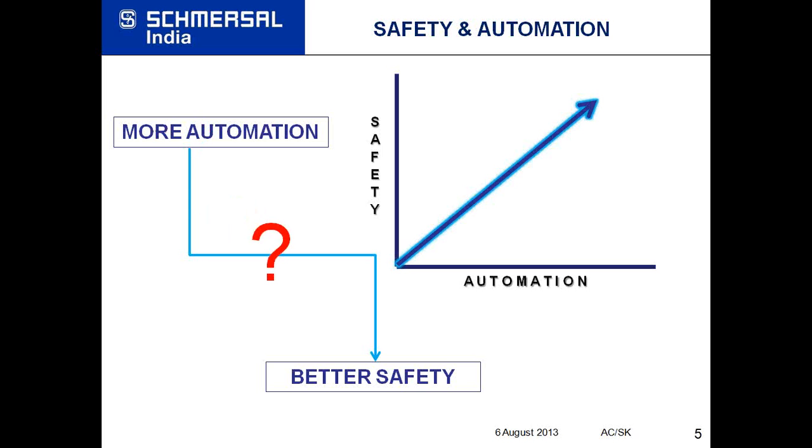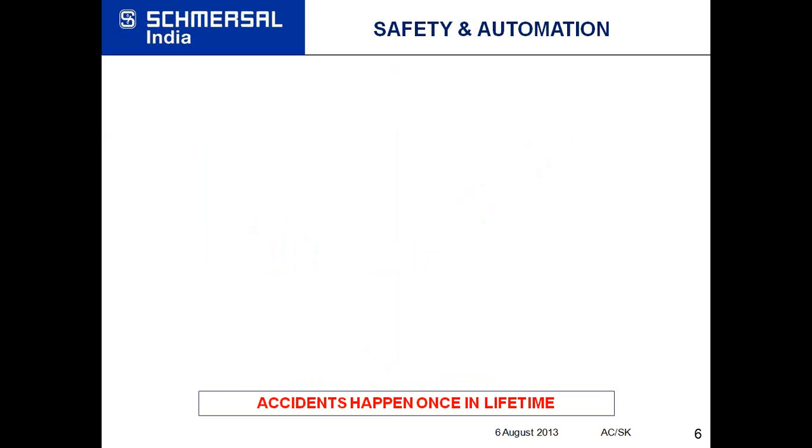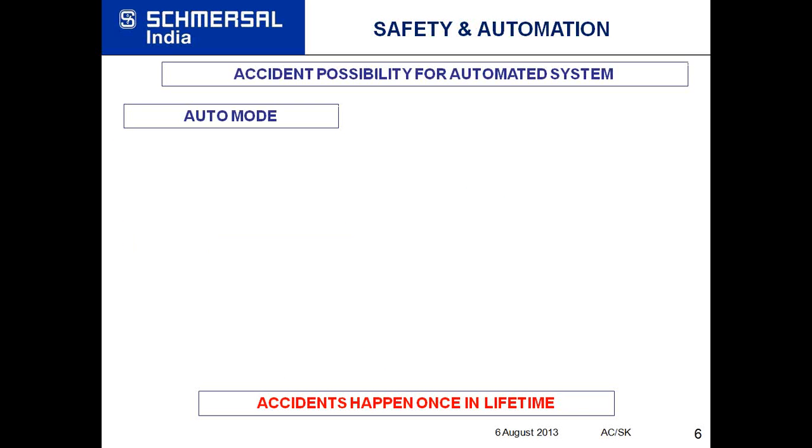Because today the automation systems have become very, very complex. The machine, the process has become very complex. And it's not only the auto mode, but there are many other modes of a process or a machine which we have to consider while assessing whether only automation can make that process or machine safe.